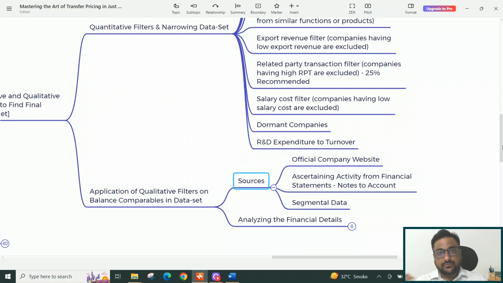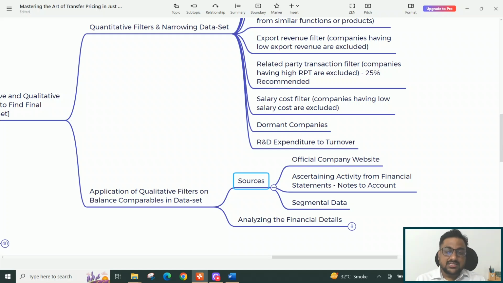This type of thing you can understand more from the financial statements, once you ascertain from the company's website, or any other website, that the company has similar operations as compared to your tested party. So that is what the thing is.